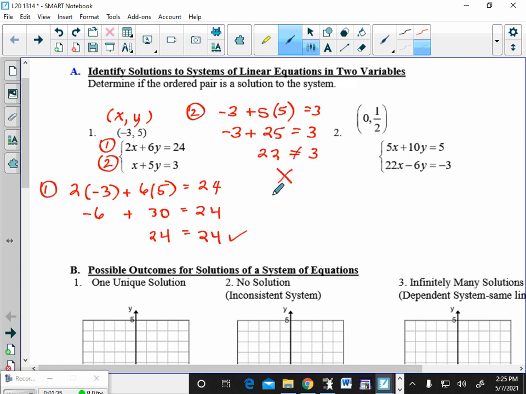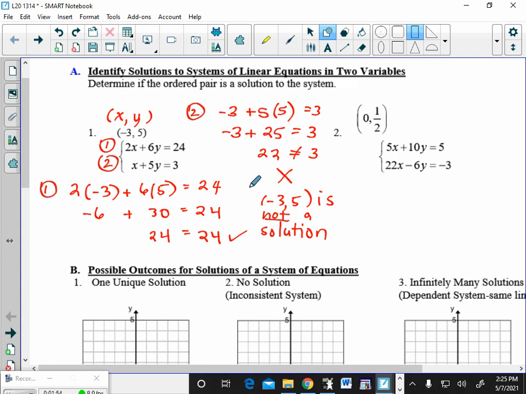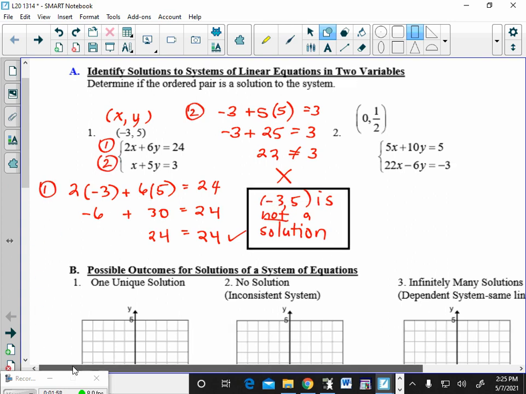Therefore, -3, 5 is not a solution of the system. So we will just go ahead and square that answer off. Let's go to our next problem.